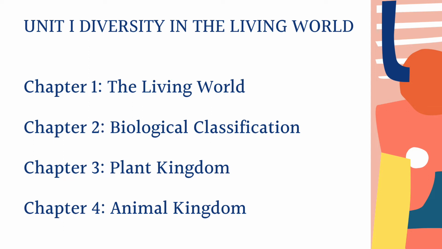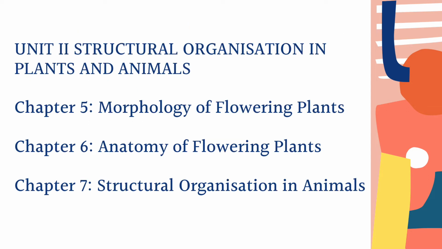So when it comes to unit 2, it's structural organization in plants and animals. So 2 lessons in botany and 1 lesson in zoology. Chapter 5 is morphology of flowering plants, and chapter 6 is anatomy of flowering plants. Chapter 7 is structural organization in animals. So morphology and anatomy are 2 new terms which we are coming across.